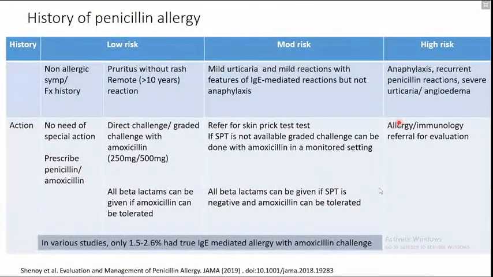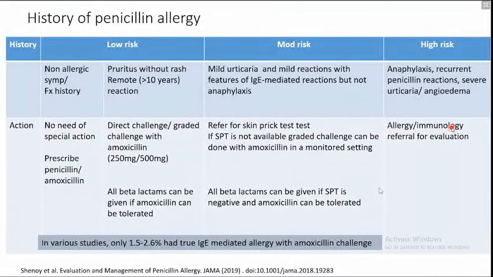And according to the reaction, you can stratify the patient depending on the risk, right? You can stratify into low risk, moderate risk, or high risk. So the low risk patients, you think, this reaction can't be an allergic reaction, right? So in that case, you can prescribe the antibiotic that you want, right?